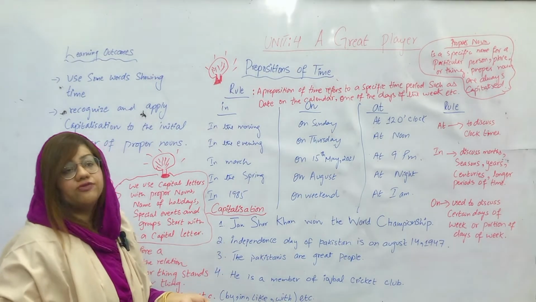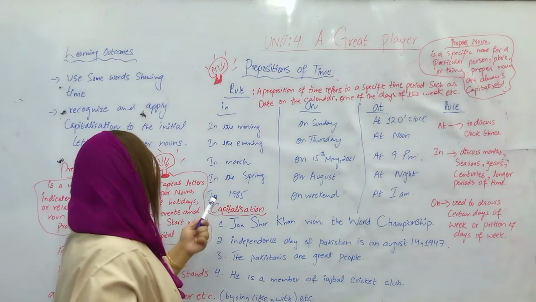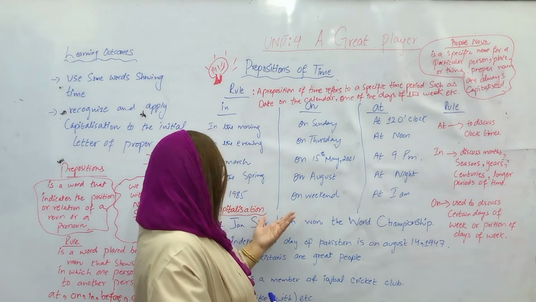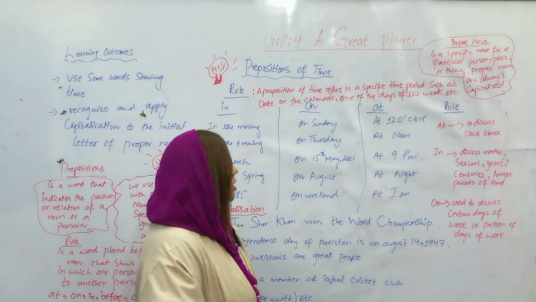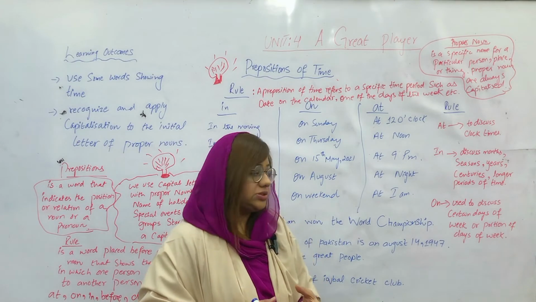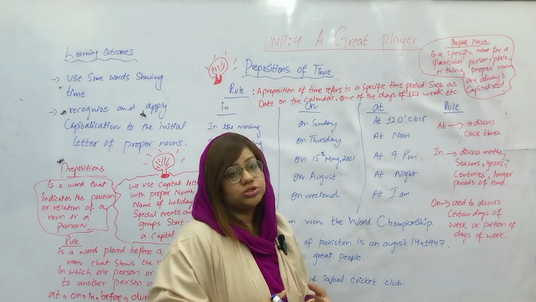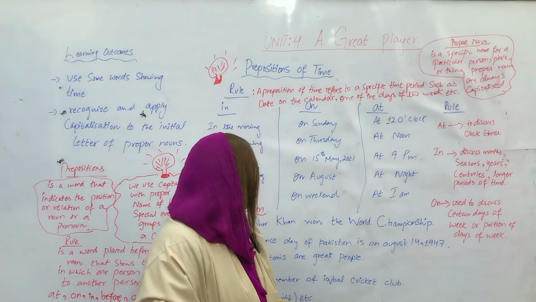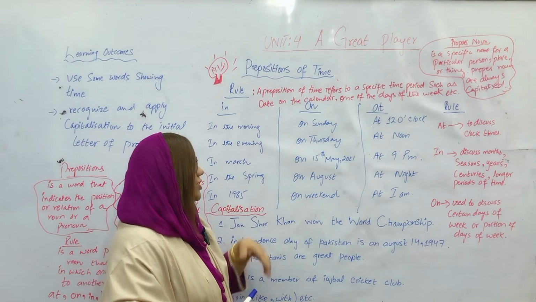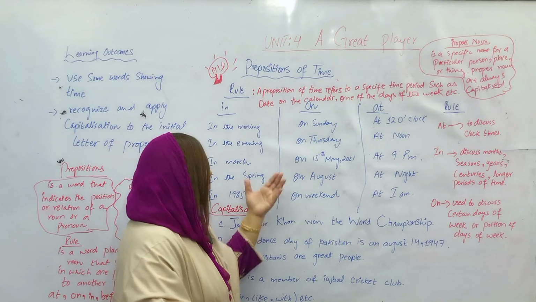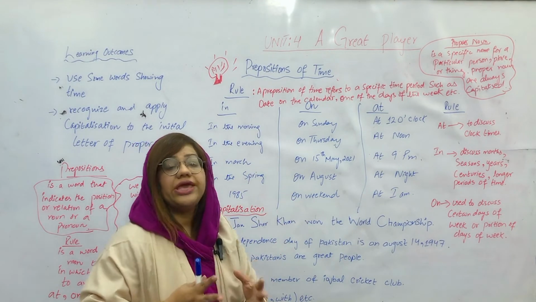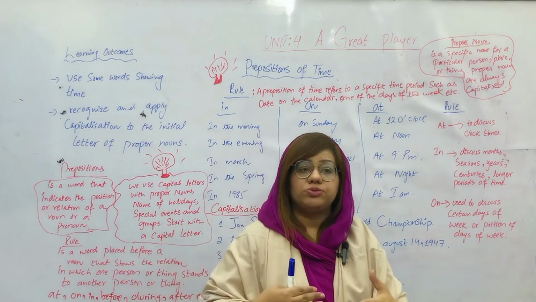Now move to on. On is used to discuss certain days of the week. For example, on Sunday, on Thursday, on a specific day like on 15th May, on August 14, on the weekend.